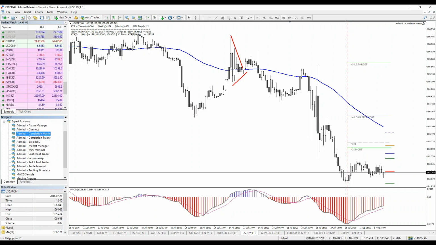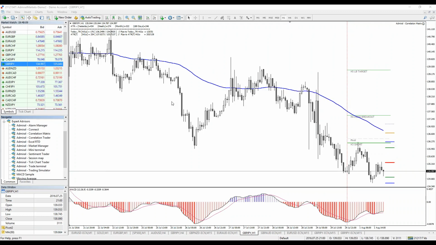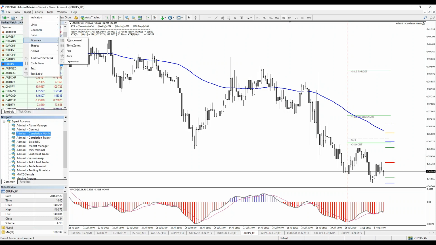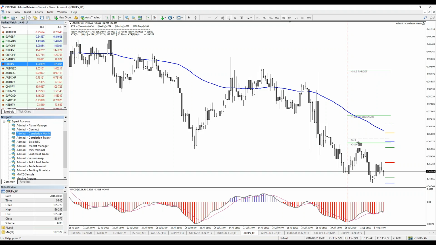Gold and pound yen. Pound yen is sold on rallies. So yes, sell on rallies, pound yen. Well, actually it started to reject from 135.30 here, a little bit higher, 135.40 maybe.